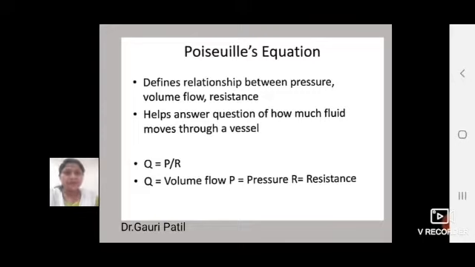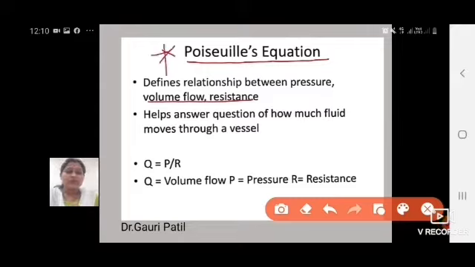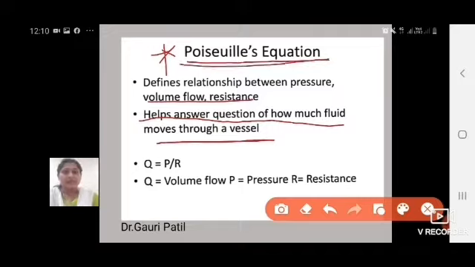Dear students, the Poiseuille equation defines the relation between pressure, volume flow and resistance. It is a very important equation, and it helps to answer the question of how much fluid moves through a vessel. It is given by Q is equal to P by R, where Q is the volume flow, P is the pressure and R is the resistance.